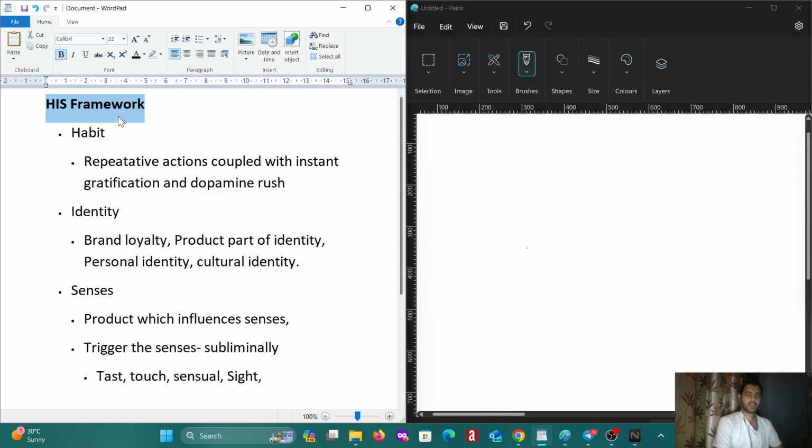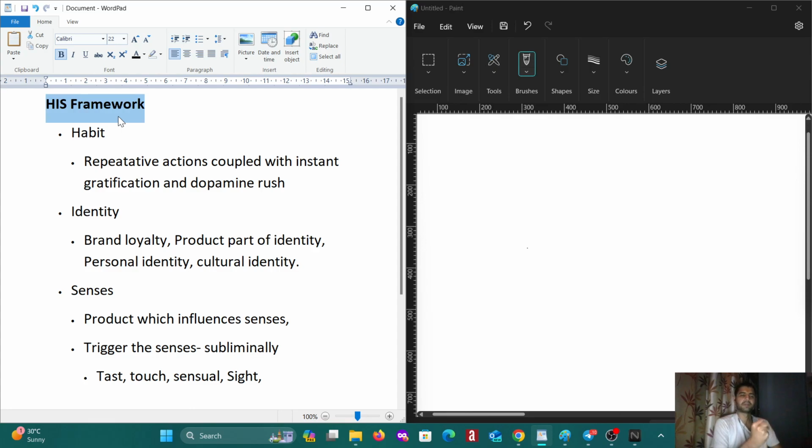So this is about what strategy or what framework I should make so that if I implement it, my product sells at a good pace, or the customer itself starts buying the product.